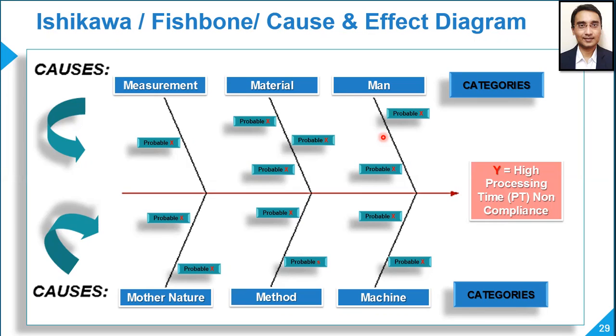It could be a man-related cause or a material-related cause. So on that whiteboard, under that fishbone diagram, you jot down that cause under the selected category. Likewise, for every single cause, you discuss it with the team and categorize them, so that it is easy to visualize and easy to find out their importance. So that's about the Ishikawa diagram.